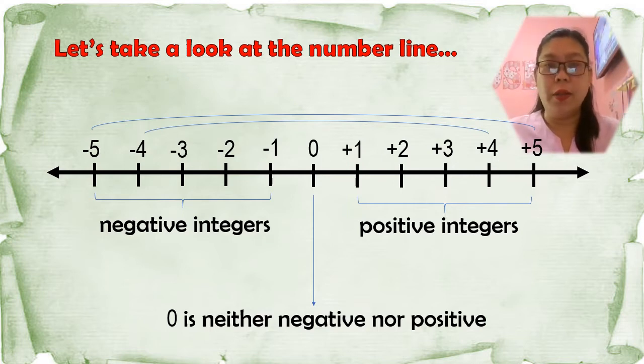Another example is negative 5 and positive 5. Integers like these are called opposites. Can you cite other examples of opposites? It could be negative 12 and positive 12, positive 45 and negative 45, and a lot more.